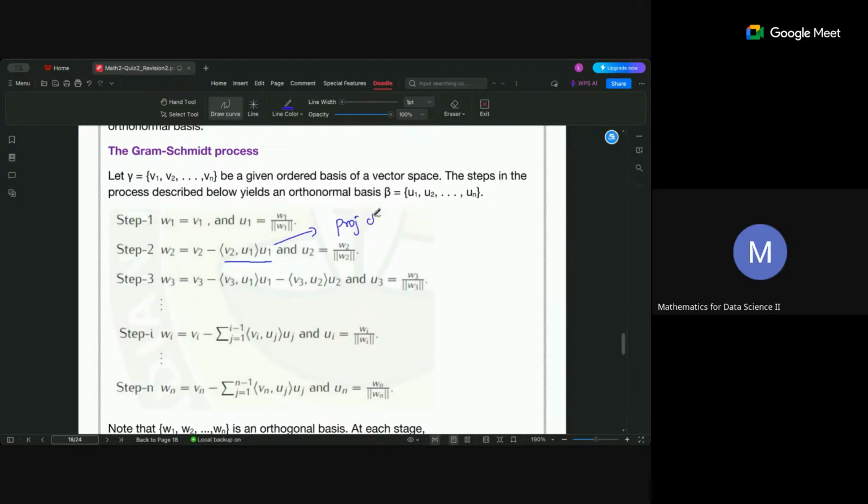In the same way, this becomes a projection of V3 on the span of U1, U2. Like this, each of these parts is the projection of Vn on the span of U1, U2, up to Un minus 1. That is something you should note.